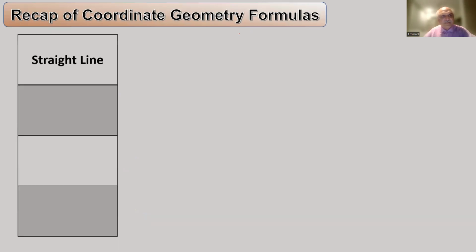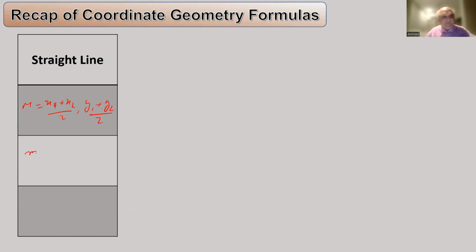Now we recap the coordinate geometry formulas. In straight line, we have studied the midpoint formula, which is (x1 plus x2) over 2 and (y1 plus y2) over 2. This can be used to find the midpoint between 2 points.